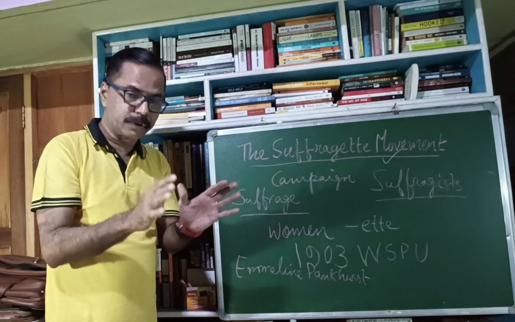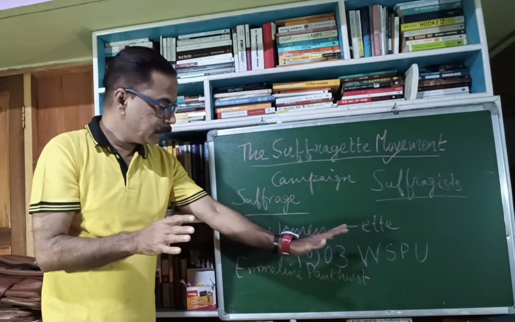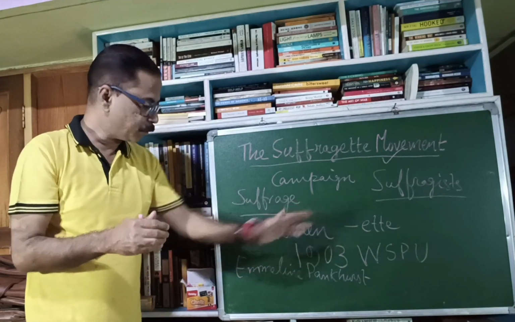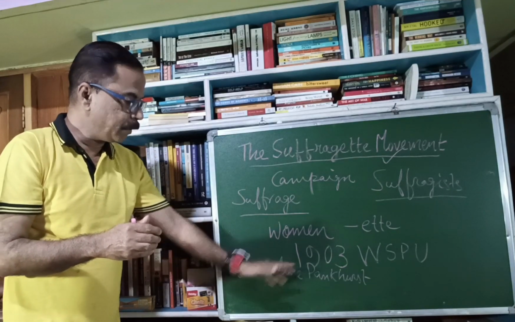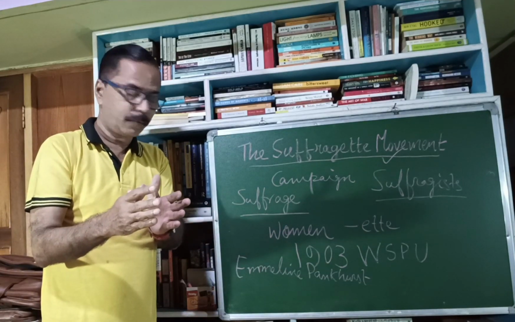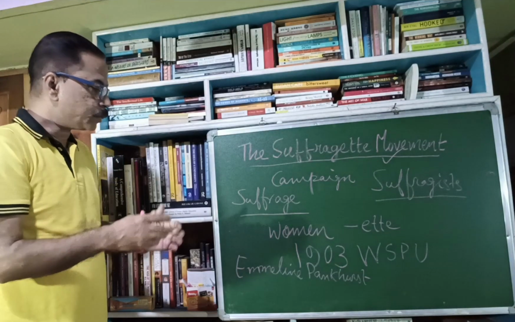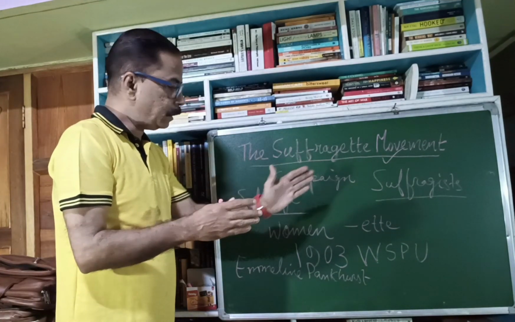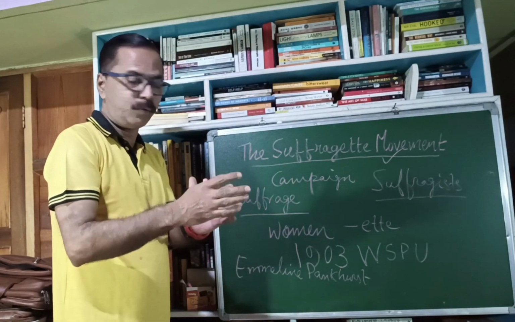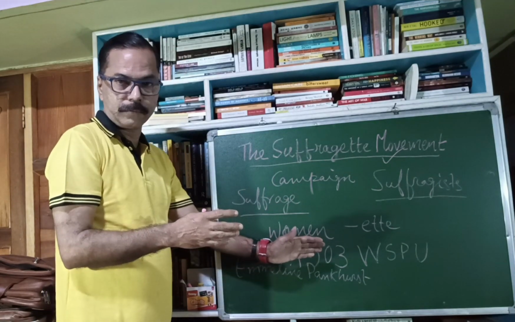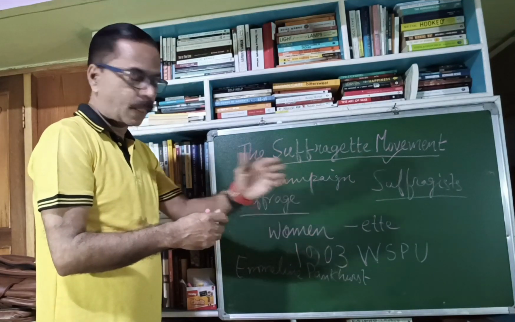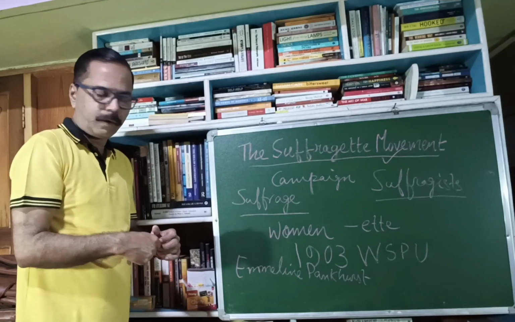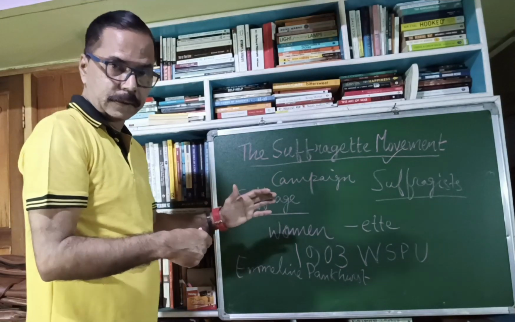All these violent methods were used by this group of militant women who were called suffragettes, led by Emmeline Pankhurst and her daughters as well. So this was a big change from the suffragists of the earlier times to this violent, militant movement led by Emmeline Pankhurst and her daughters Christabel and Sylvia. This was the suffragette movement.